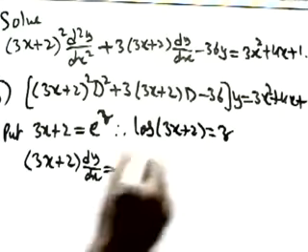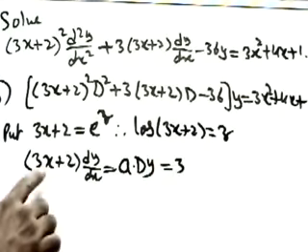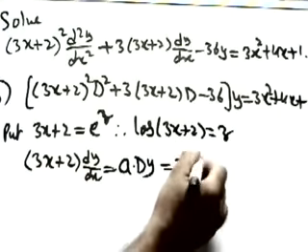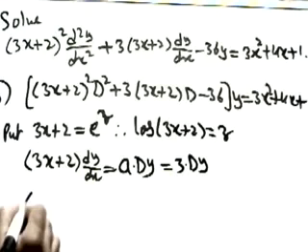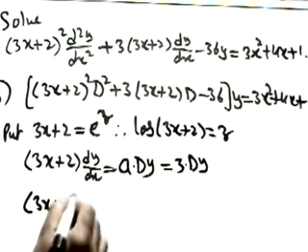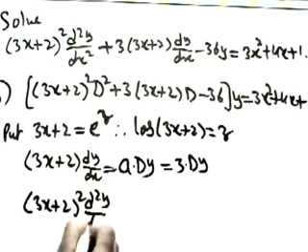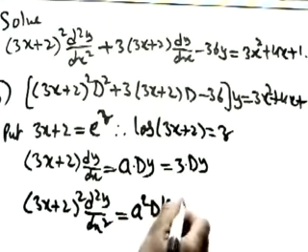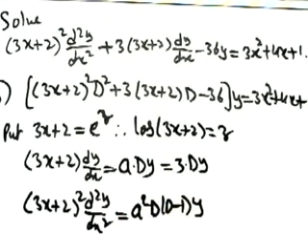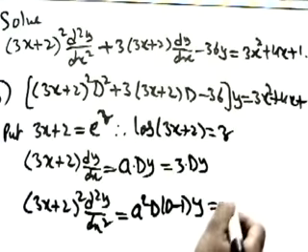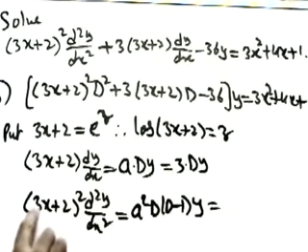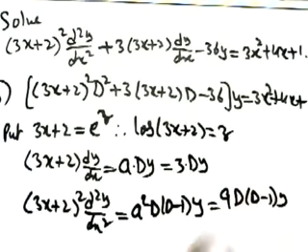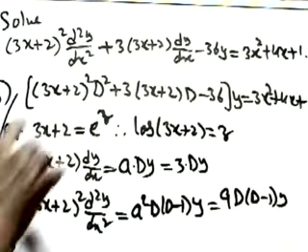What is the value of a here? a is the coefficient of x, so it is 3D. Next, (3x + 2)² d²y/dx² is a² D(D - 1)y. So a² means 3² is 9, into D(D - 1)y.